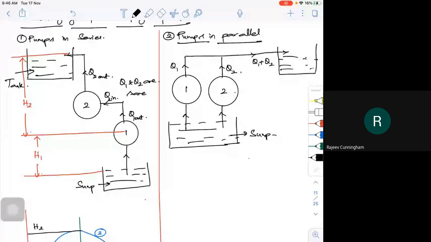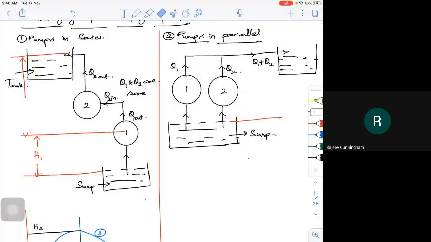If you observe, both the pumps are working under the same head.